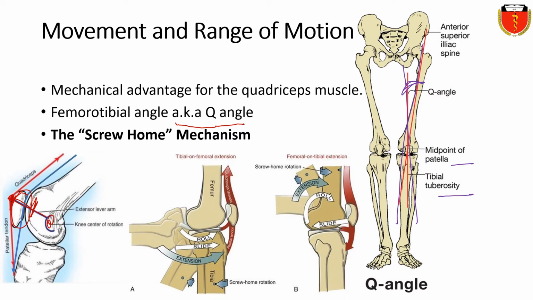Then we need to talk about the screw home mechanism. The screw home mechanism is the mechanism which provides stability to the knee joint. This mechanism happens when the knee goes into full extension, approximately in the last 30 degrees of the end range.